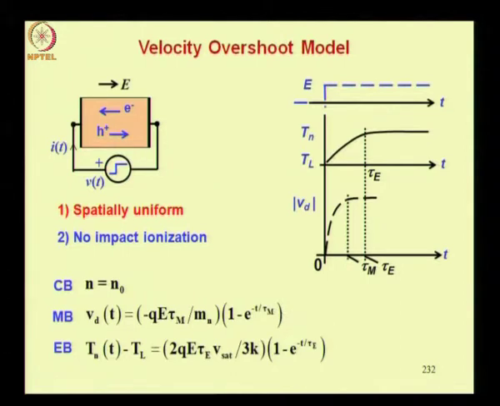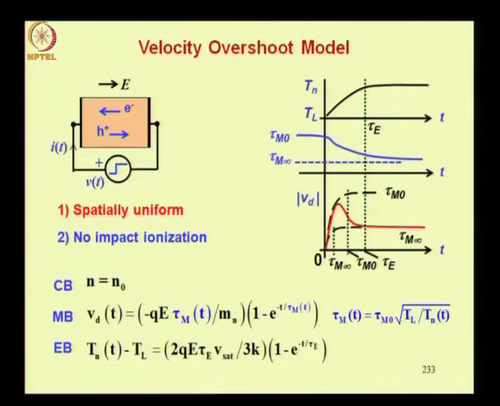So what we do is we now set the tau m as a function of the electron temperature Tn. So we are solving for electron temperature from this equation, and that value we will substitute here to get the tau m, and we will make the tau m a function of time.